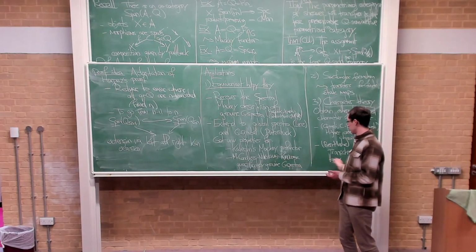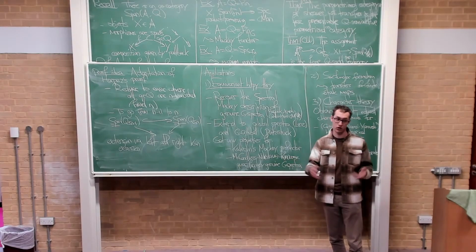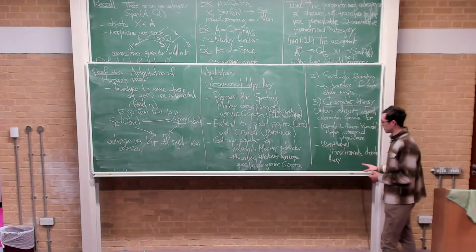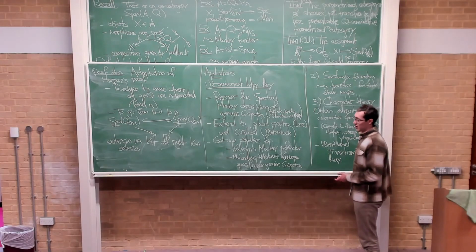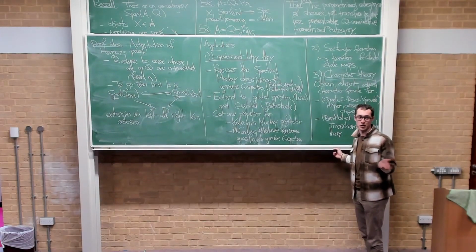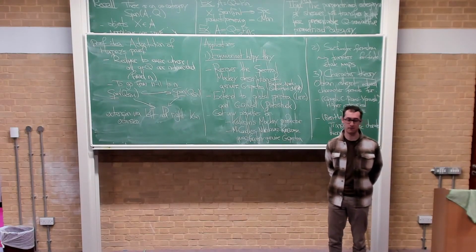And then you can just restrict back to the underlying infinity category where you forget the 2-morphisms to get your six functor formalism. But this is still work in progress, and we are not really able to get the most general case, which is the one that you would want for six functor formalism. So yeah, hopefully at some point.